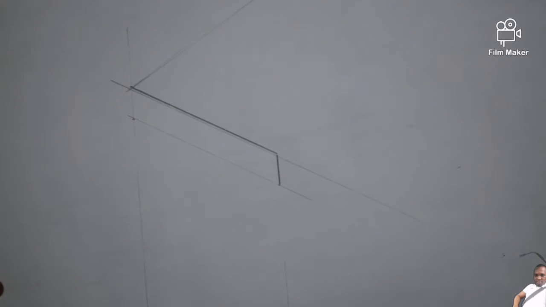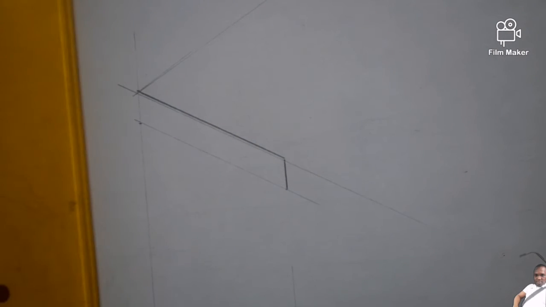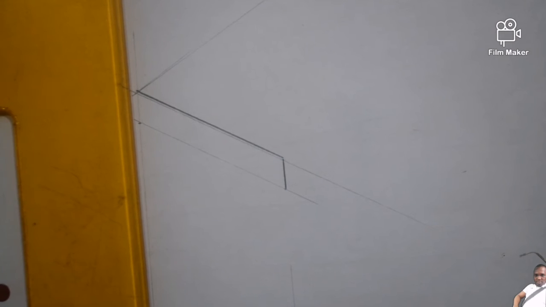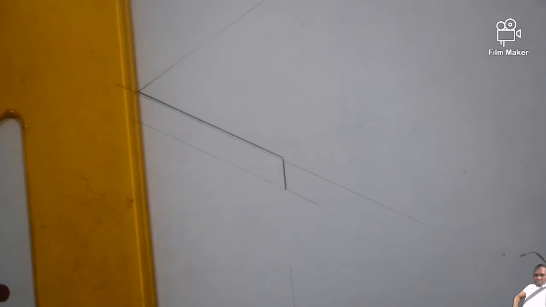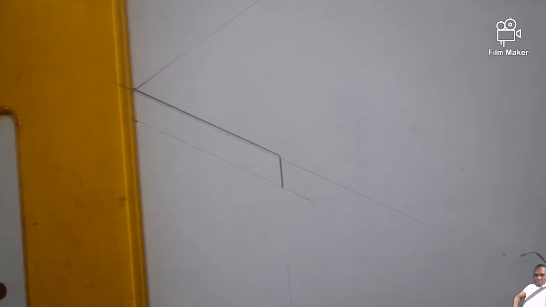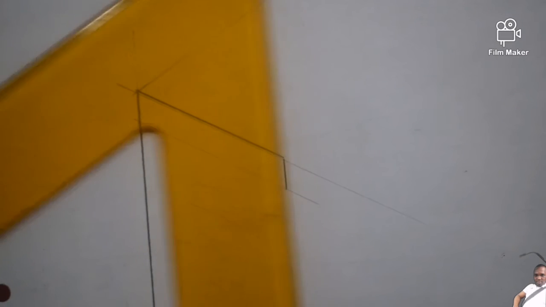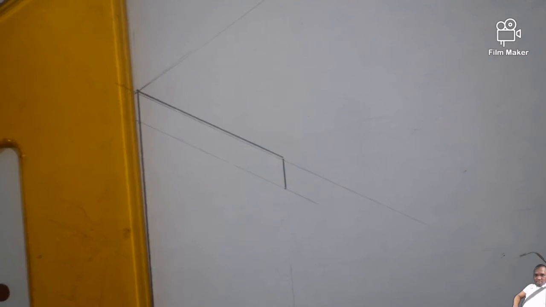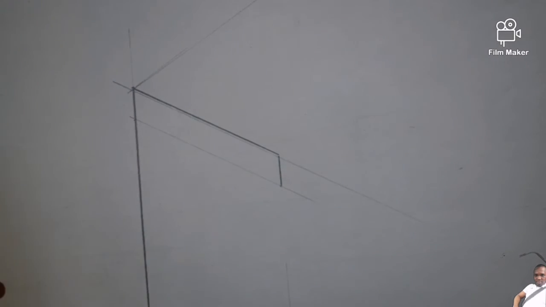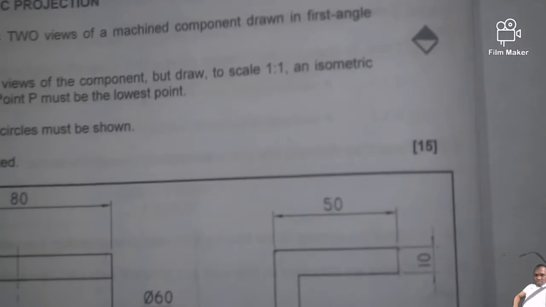In drawing, double lines like this are actually not allowed. So this one from here till there, dark as well. This paper keeps on shifting. Okay, so now let's see, where are we?